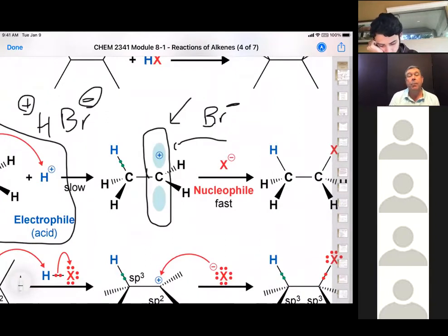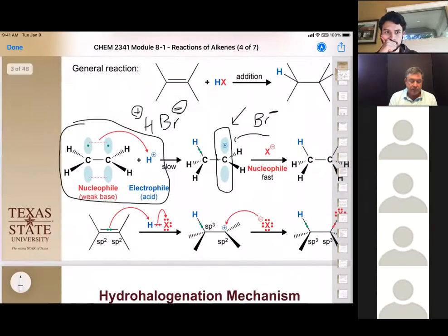Okay, so we can use the entire argument of most stable transition state and nucleophile-electrophile in all of these reactions, and I'm going to point that out in each and every step of these reactions. So what this looks like here is we're going to start with two sp2 carbons. These sp2 carbons have that p orbital. Those electrons in that p orbital are going to reach out and grab that hydrogen, creating a new sp3 sigma bond.